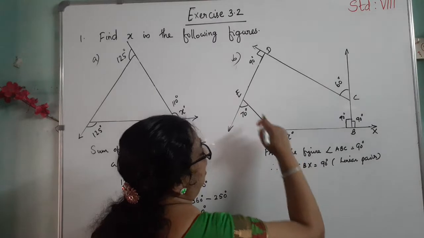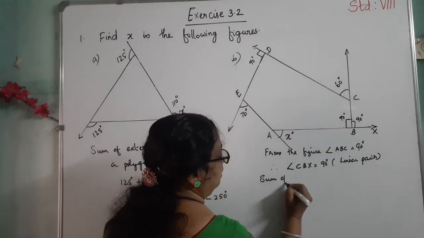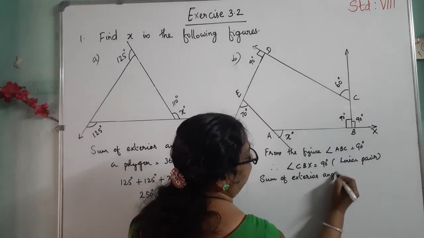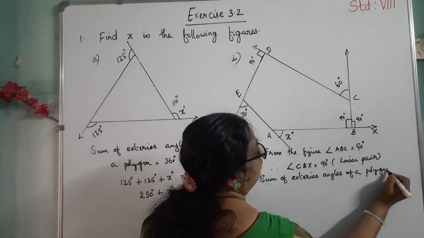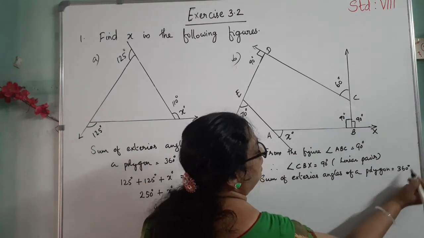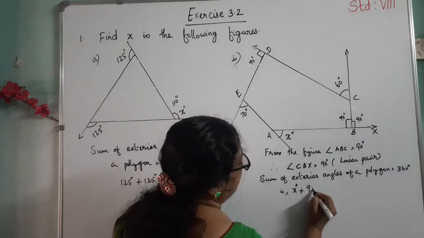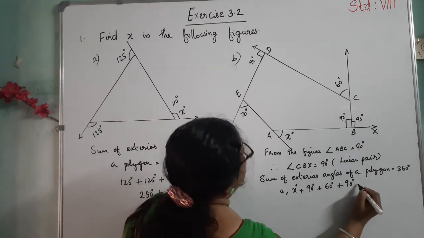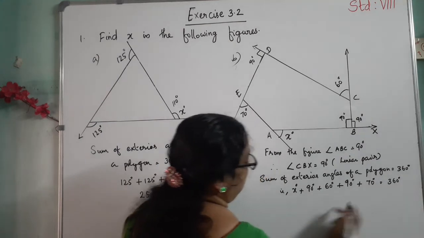Then we can add all these exterior angles. Now we know that the sum of exterior angles of a polygon equals 360 degrees. That is x degrees plus 90 degrees plus 60 degrees plus 90 degrees plus 70 degrees equal to 360 degrees.